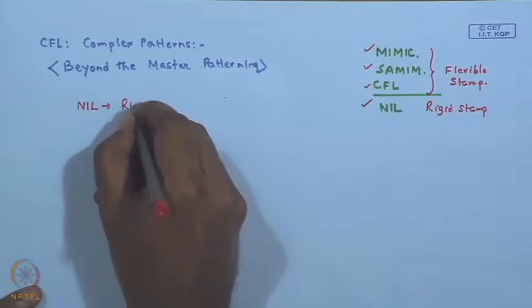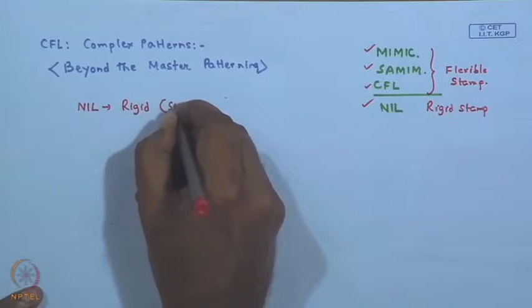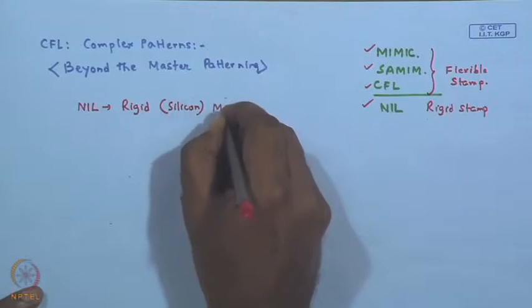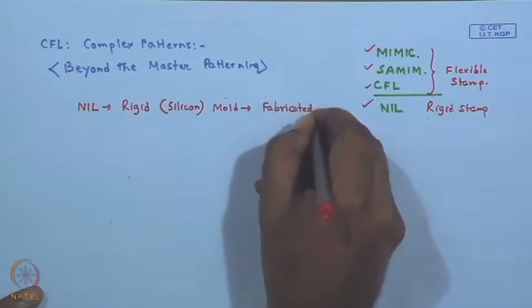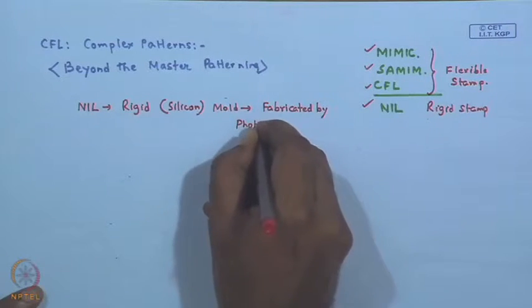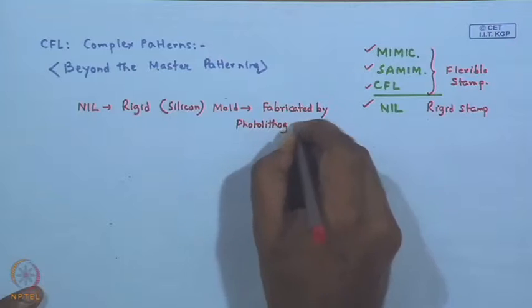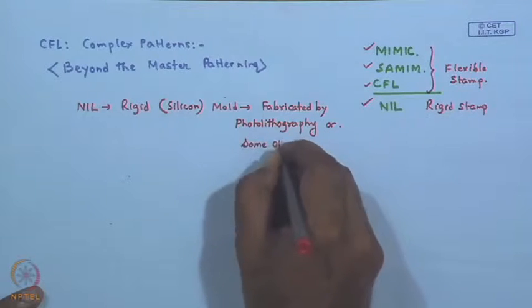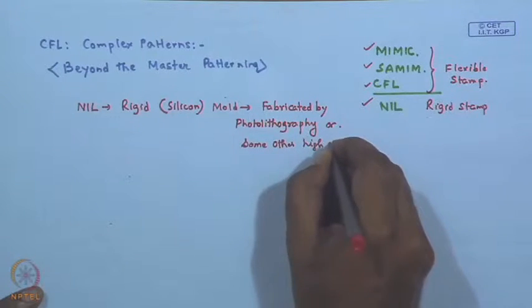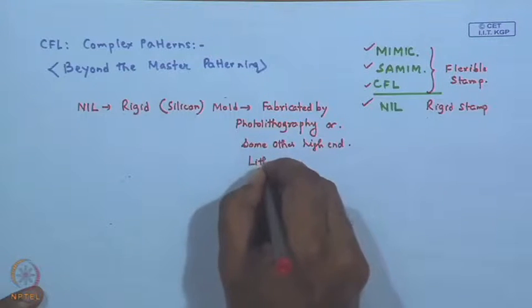In nano imprint lithography group of methods, you know that you require a rigid silicon master, which often is fabricated by photolithography itself or some other high end lithography technique.